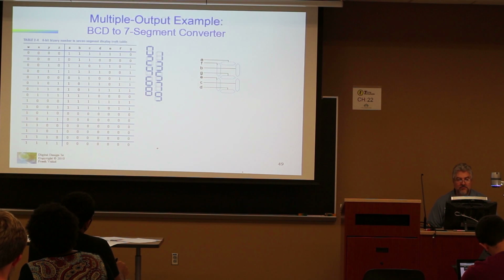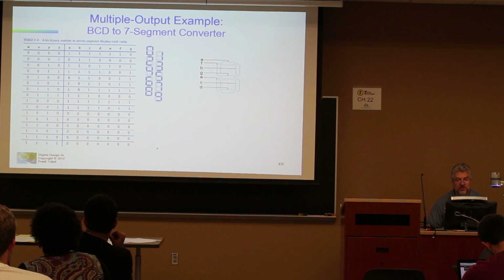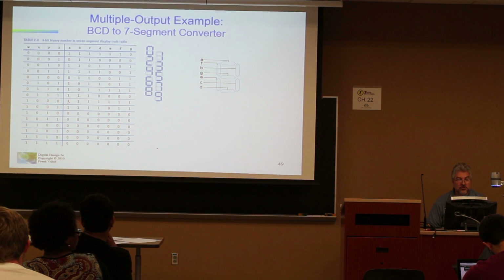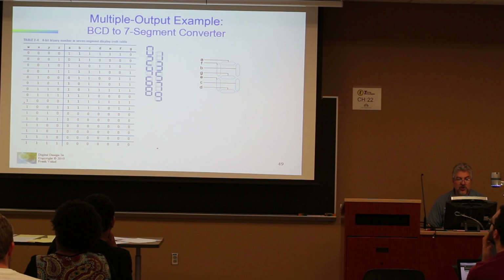Now to do that, you could start with the table. The value of 0 is going to be 1, 1, 1, 1, 1, 1, 0. All of these lit except for G. Or for example, this is 1, 0, 0, 0, which is the decimal number 8. And that would be lighting up how many of them? Every single one of them, right?